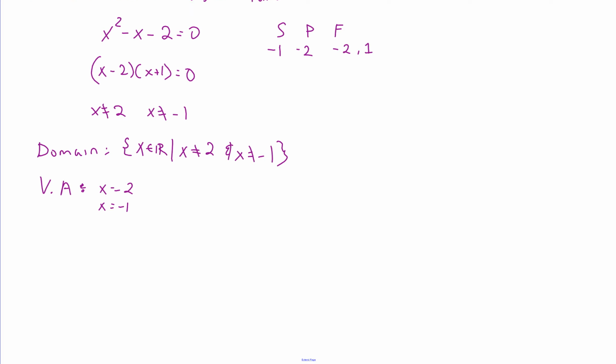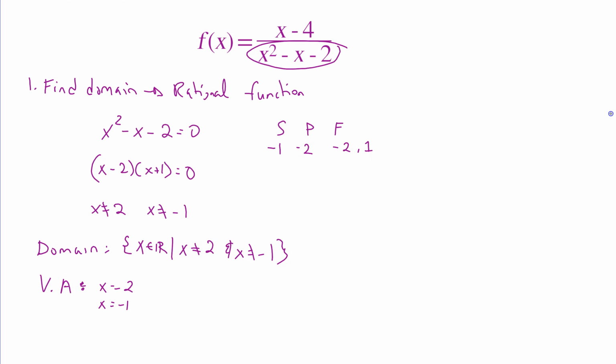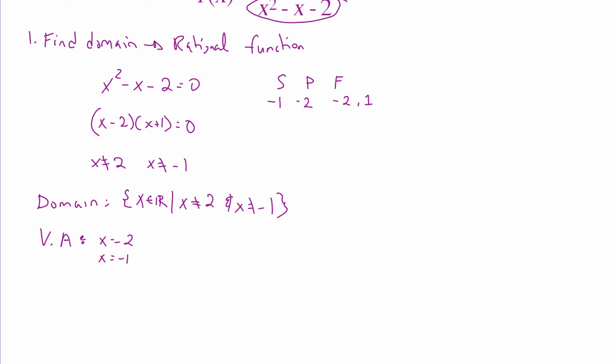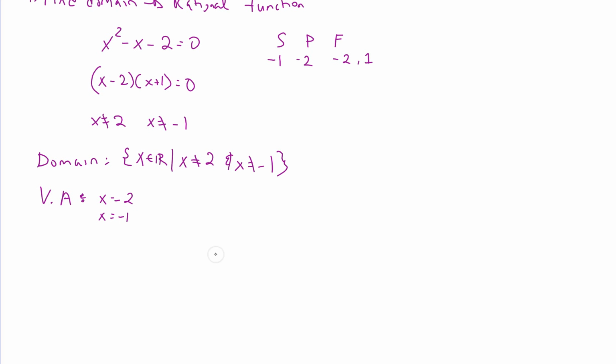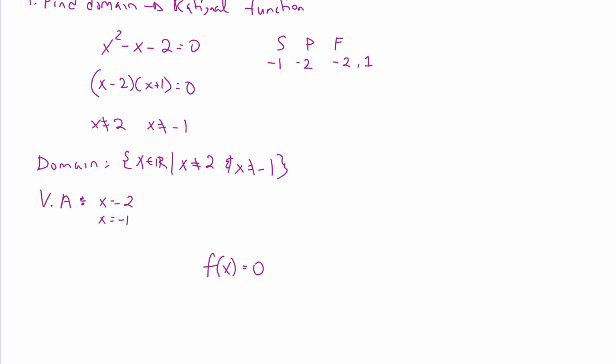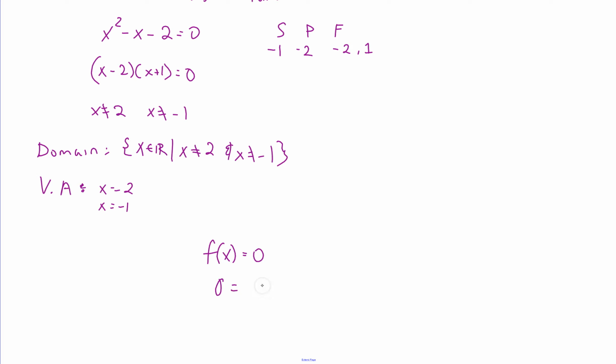And then the next thing to do is to find our intercepts. Let's find when our function hits the x-axis, so y is equal to 0. That's (x minus 4) divided by (x squared minus x minus 2).